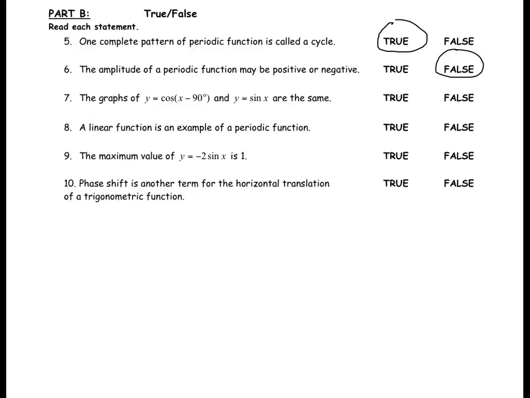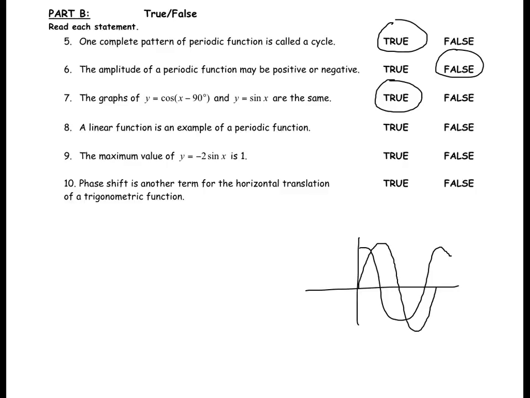The next one says the graph of cos (x minus 90) and sine x are the same. The answer is true, because if we shift the cosine graph 90 degrees to the right, we get the sine graph. If you want to know why, the cosine graph looks like this one, and the sine graph looks like the following.